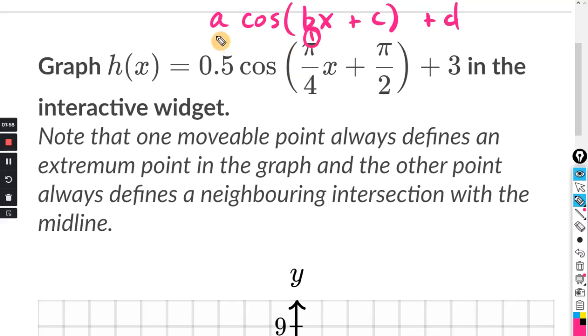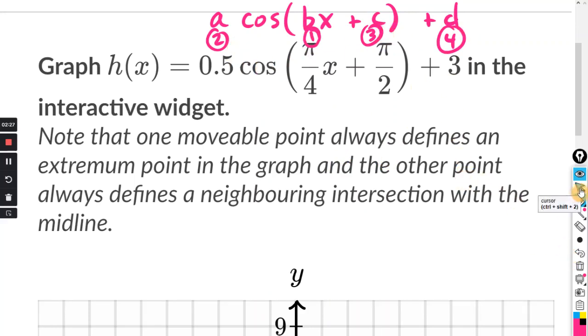Then I'll do the A second, that's based on the amplitude. And then I will do the phase shift third, that's C. And the midline is for D. And this equation is going to be in a different form when I plot, and I'll show you that later. But these are the steps I'm going to do: B, A, C, D.